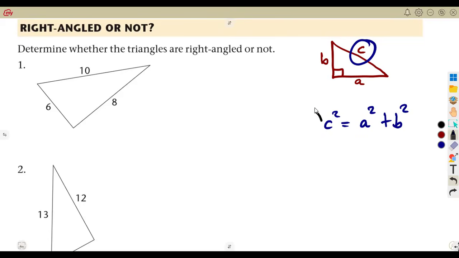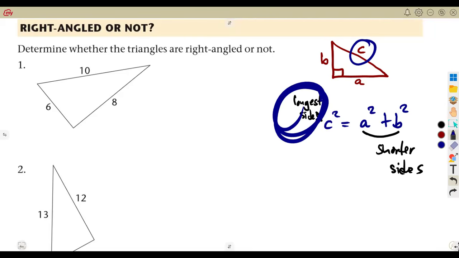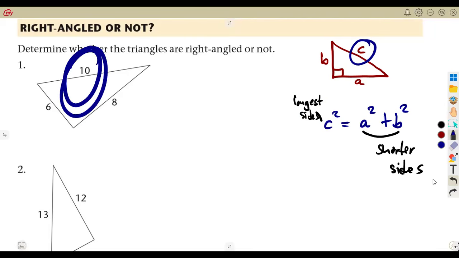The hypotenuse is the longest side and must be equal to the sum of the squares of the shorter sides. So you have to test by this. If it is not equal, therefore it is not right-angled. So you must test using the longest side of all the given sides on your triangle.